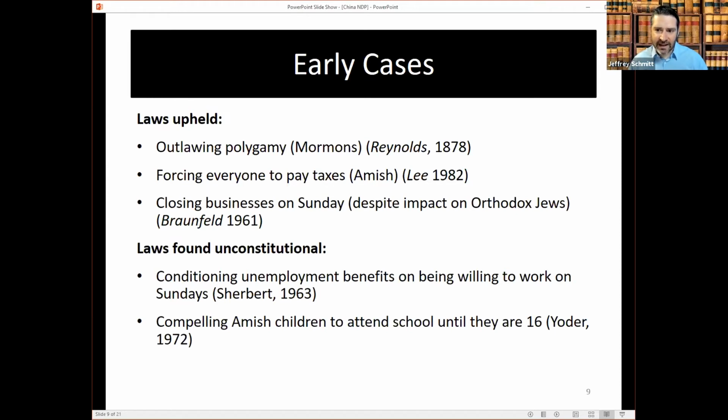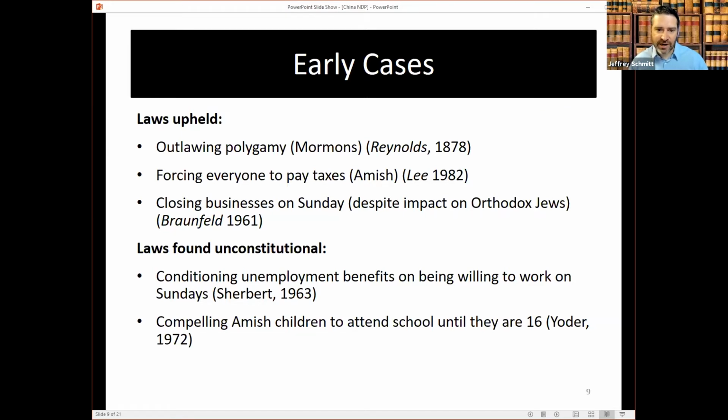There we had an Orthodox Christian who didn't want to work on Sundays, which would violate her religious beliefs, because Sunday is the Sabbath. And so the court said, well, okay, the state cannot punish you for your unwillingness to work on Sunday, because it's your religious belief. Then we had an issue with the Amish as well.